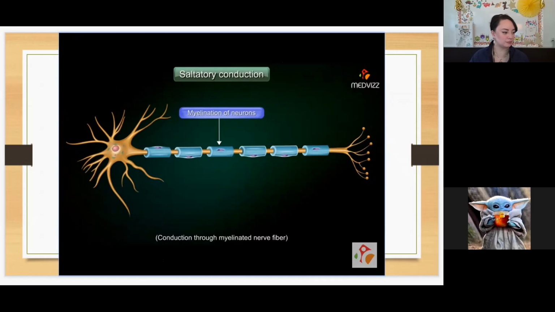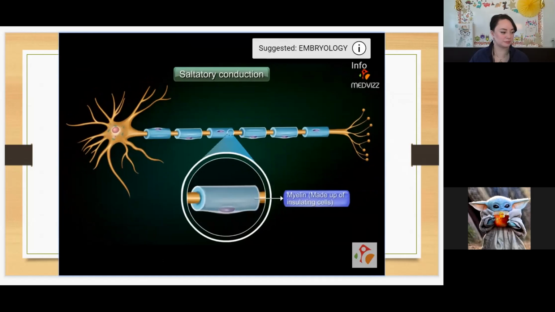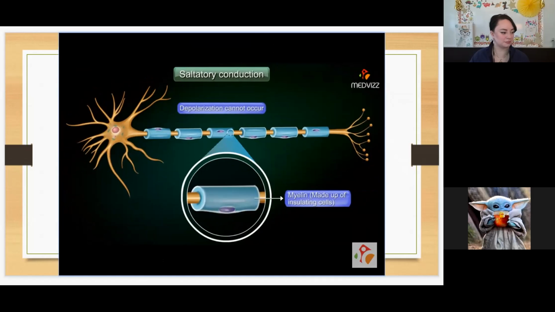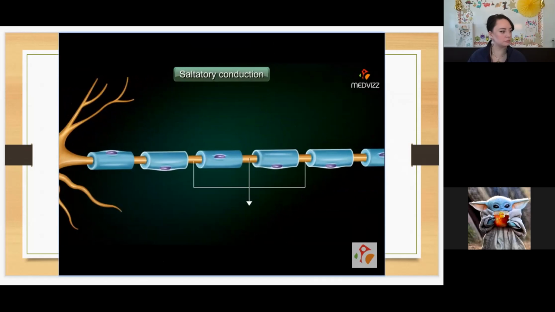Due to the myelination of neurons, action potentials may only occur at the nodes of Ranvier. Myelin is made up of insulating cells, which means depolarization cannot occur in myelinated regions. Between these cells, however, there are gaps known as nodes of Ranvier, which are unmyelinated.